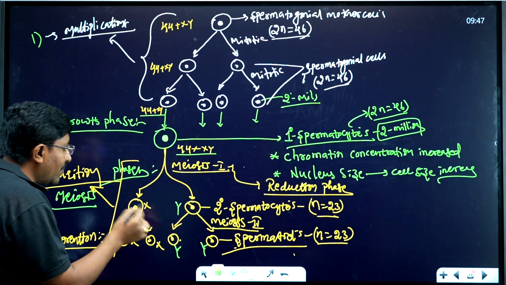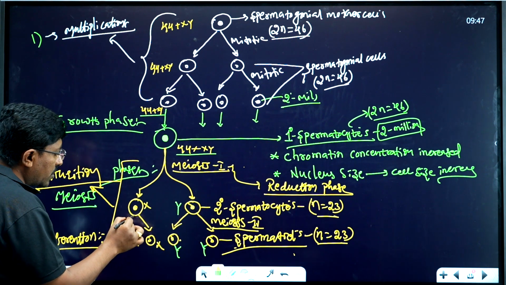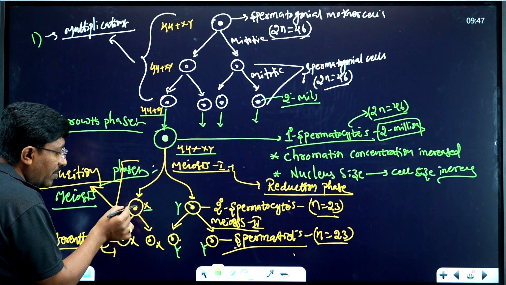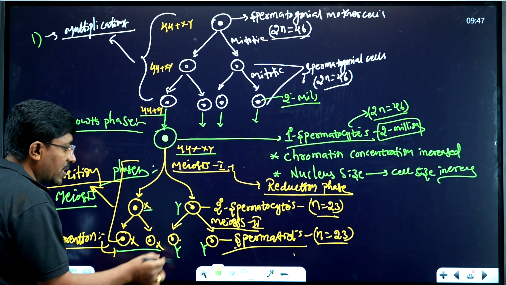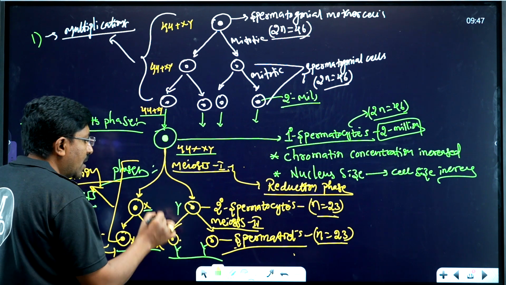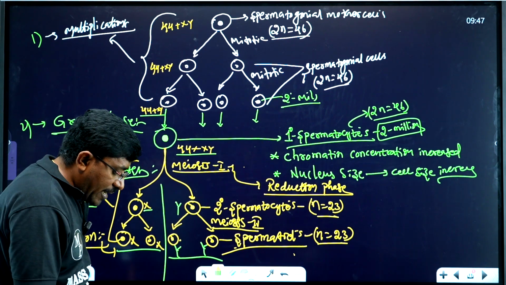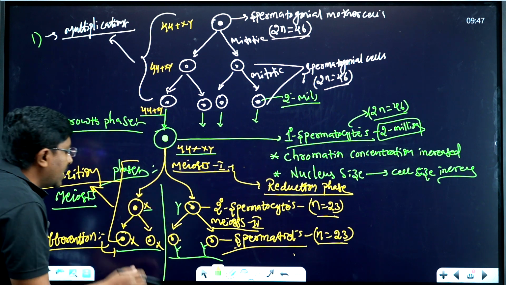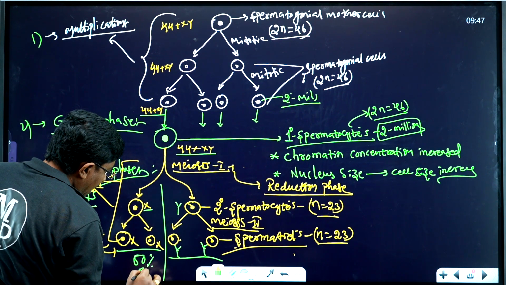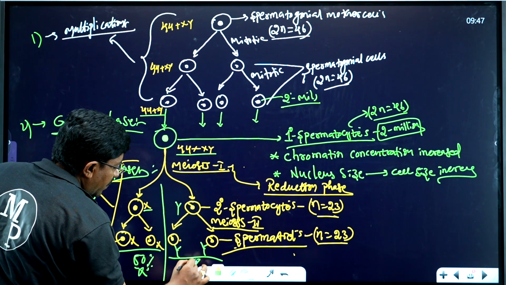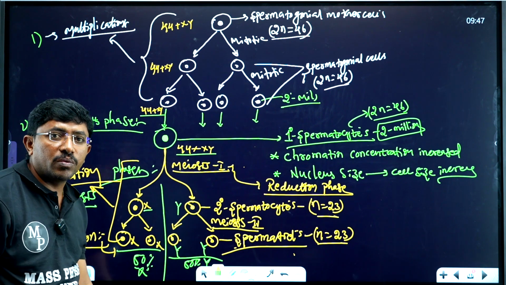After completion of meiosis 2, the X chromosome in a mother cell is transferred again to its daughter cells. The Y chromosome is the same. So of the total 100 percent of sperms, 50 percent have the X chromosome and 50 percent have the Y chromosome.